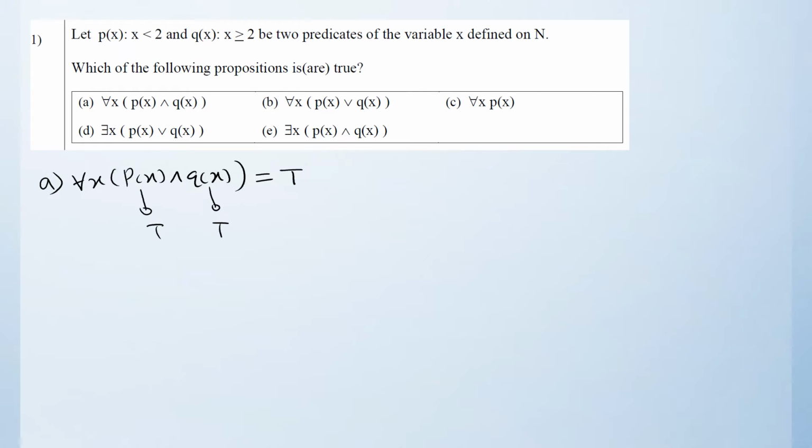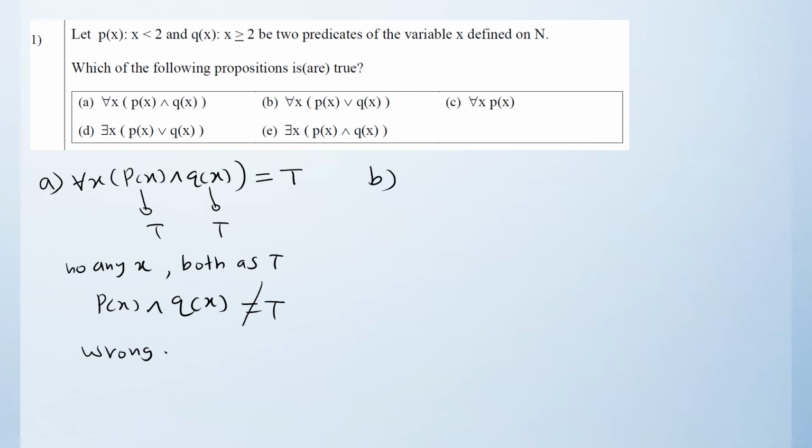As I told you before, there is no x value that makes both true. So definitely there is not even at least one x value which makes the conjunction between these two true. That can't happen. So this is wrong.